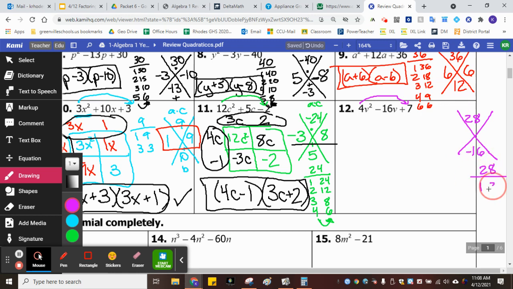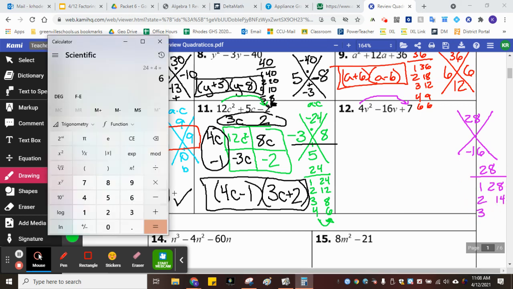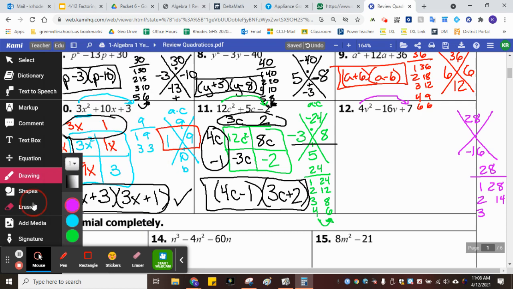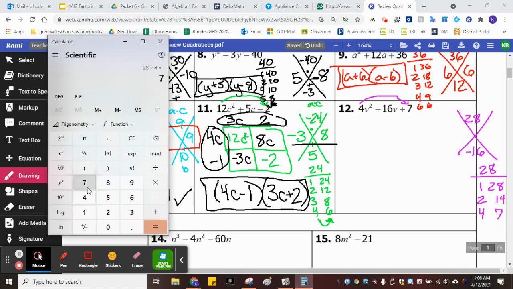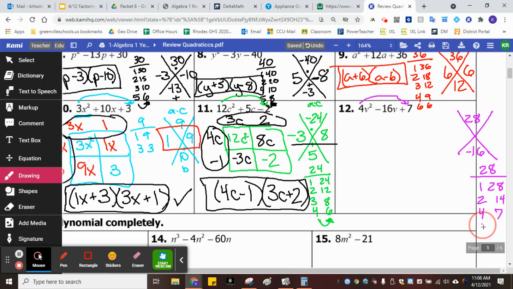What multiplies to 28? 1 and 28, 2 and 14, 3 is a decimal, so that doesn't work. 4 and 7. 5 won't work because it doesn't end in a 5 or 0. 6 won't work because it's not divisible by 3. 7 and 4, oh, already have that one.